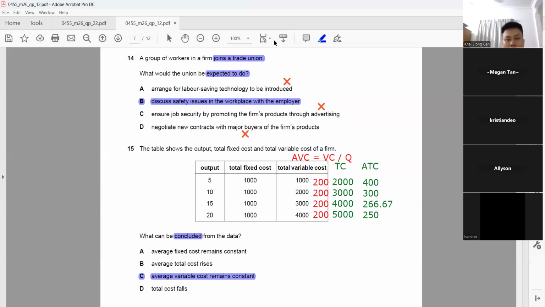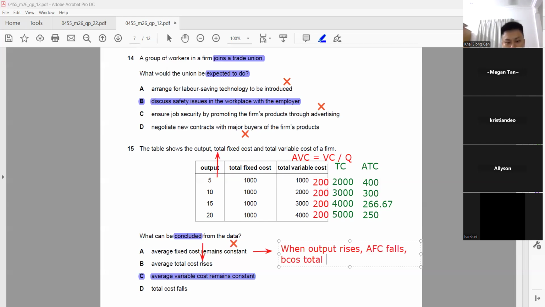Now, I want to ask one thing. When you produce more output, average fixed cost will surely fall. So this one is surely wrong because it says constant. Because when output rises, AFC falls. Why?